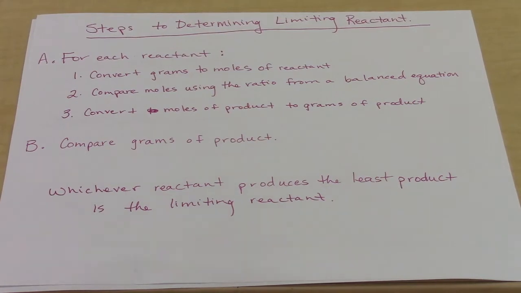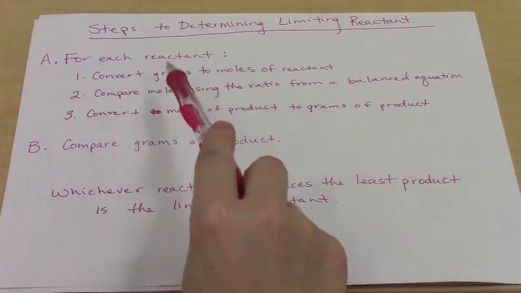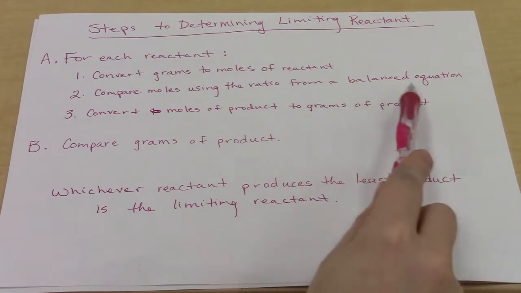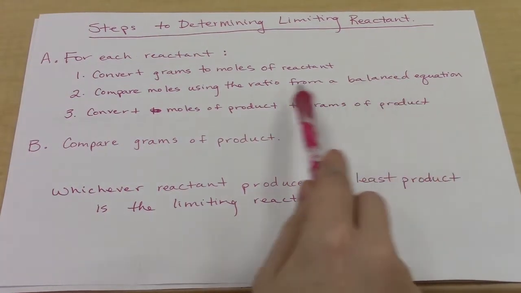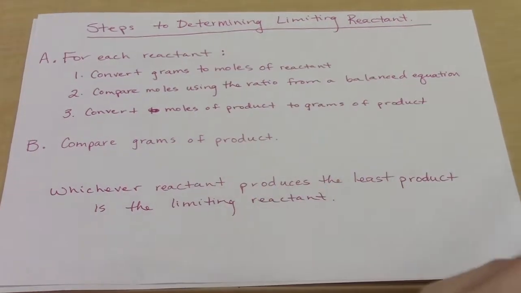There are a few easy steps to determine which reactant is in fact the limiting reactant. So for every reactant you have, you're going to go through this process. First of all, using stoichiometry that we learned before, you're going to convert grams of reactant to moles of reactant. Then, using the ratio from our balanced equation, the coefficients, you're going to compare moles of reactant to moles of product.